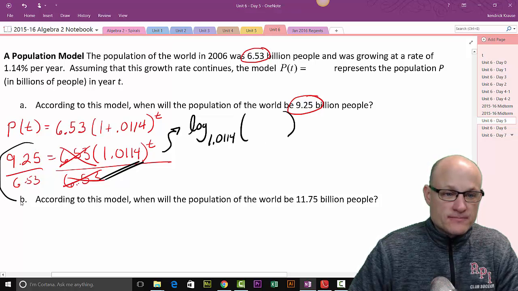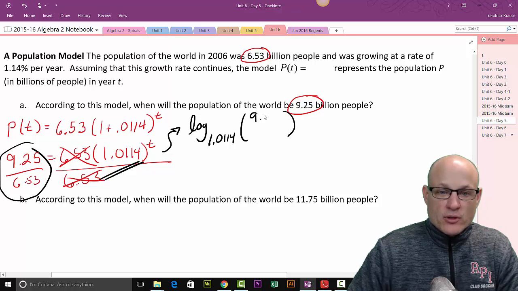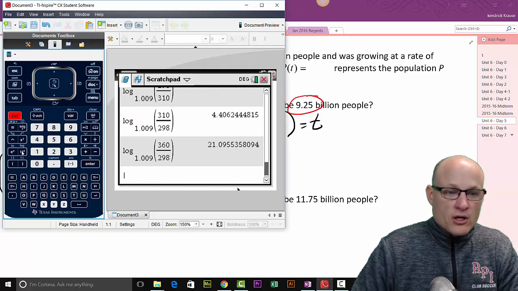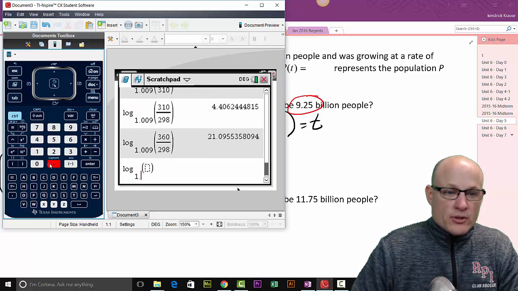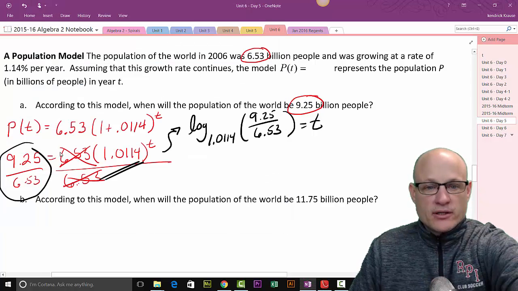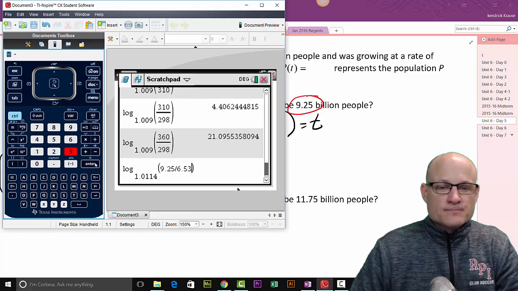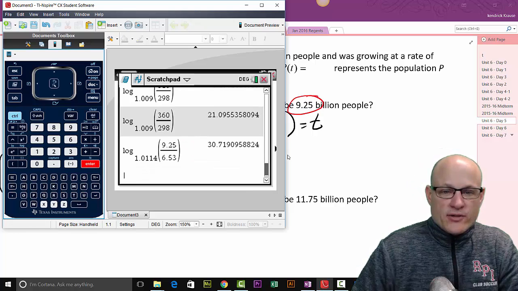So this thing, 9.25 over 6.53, and that's equal to t. So control log 1.0114 of 925 divided by 6.53. 30.7 years.